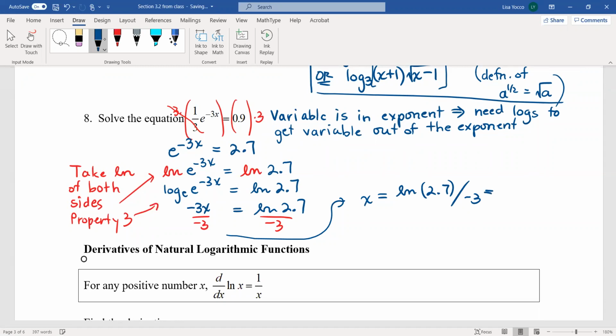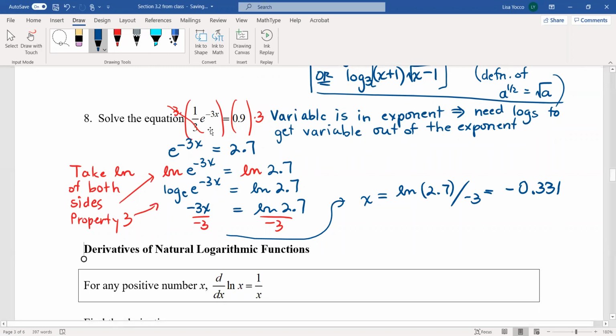When I compute this, I get negative 0.331, and that's it. So basically solve for x. That's still algebra, just a use of logarithms to solve an exponential equation.